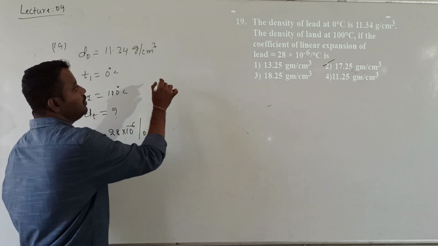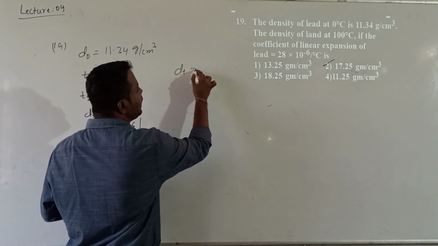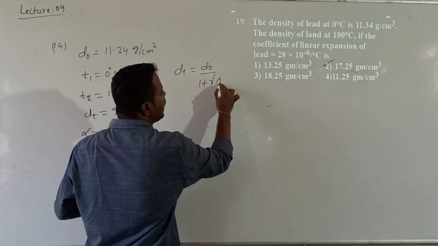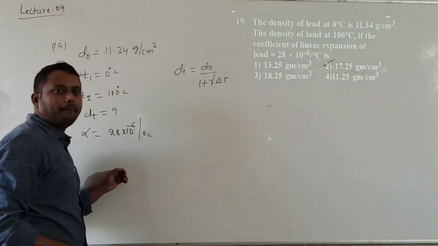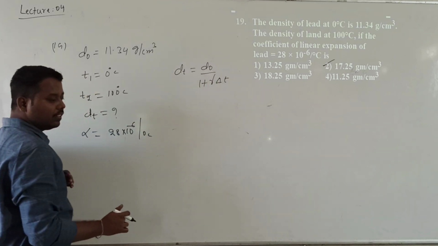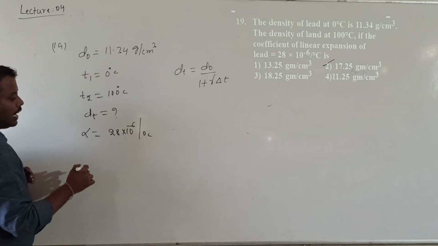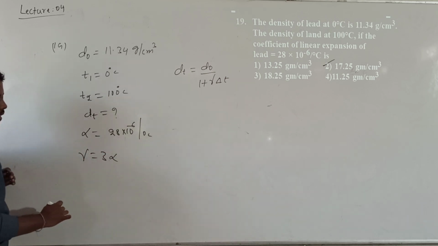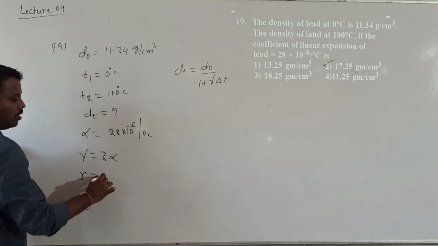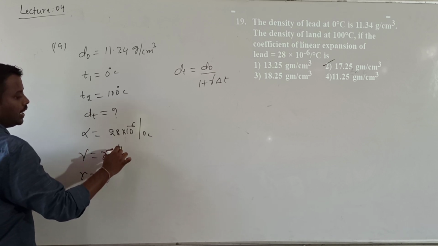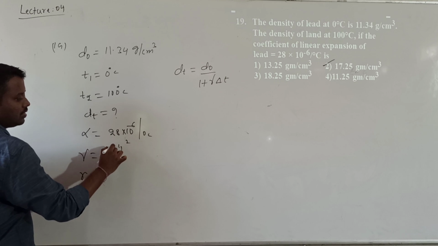What is the equation that represents the variation of density? Dt is equal to D naught divided by (1 plus gamma into delta t). But gamma is not given. The formula is gamma equals 3 into alpha. So gamma is equal to 28 into 3: 3 eights are 24, 3 twos are 6, so 84.